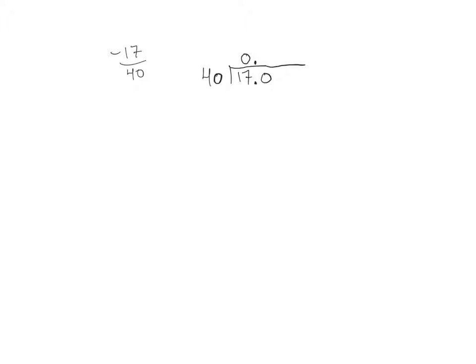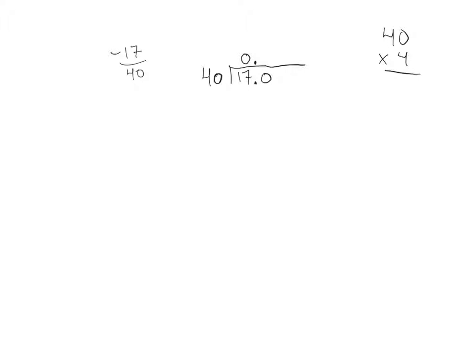All right, so here's a trick for you. Maybe an easier question might be, how many times does 4 go into 17? That's probably an easier question. So then you could say, well, 40 times 4.